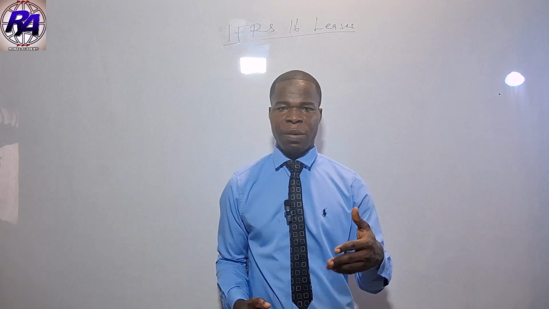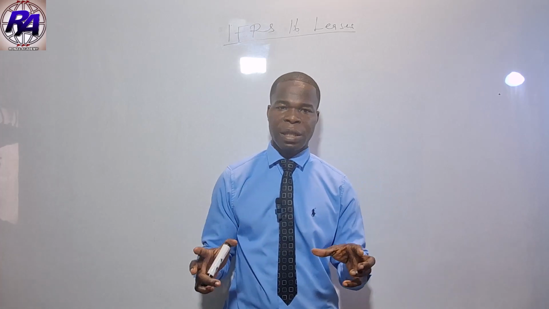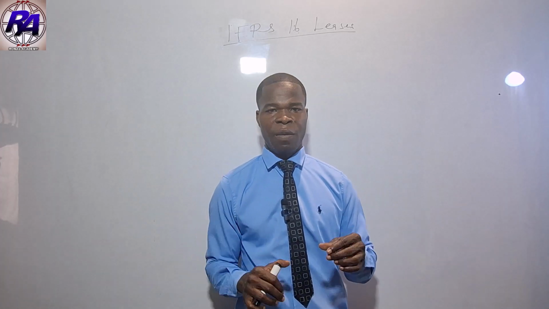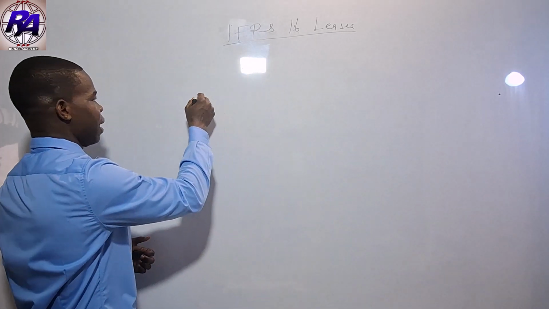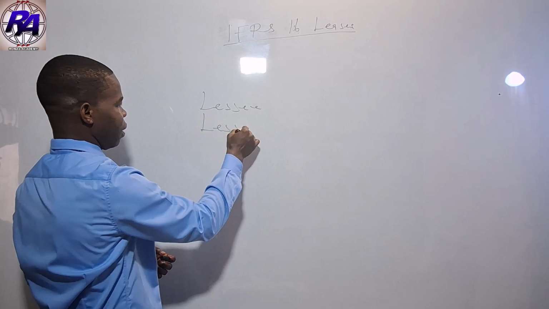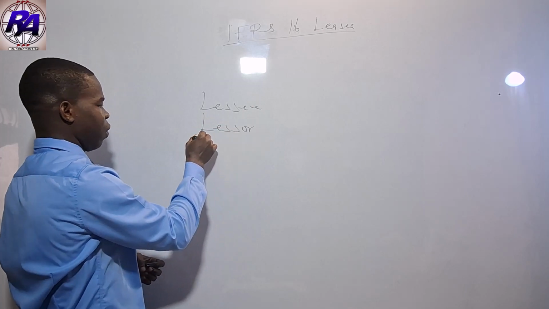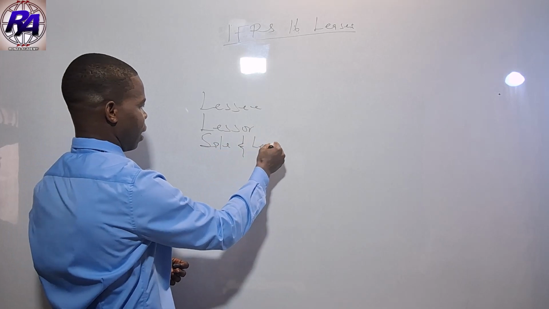When we talk about leases, our discussion is going to be based on three main things. We will look at the lessee accounting, the lessor accounting, and then what we call sale and leaseback.